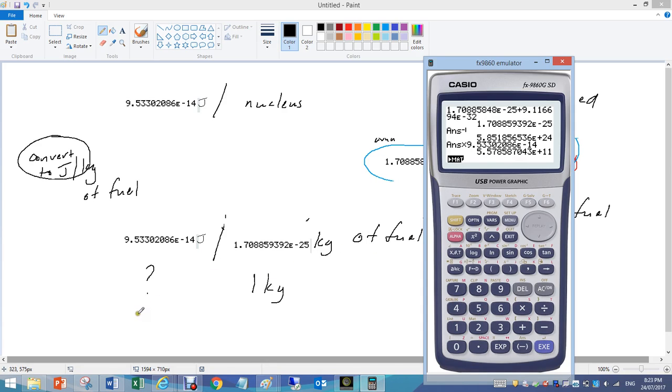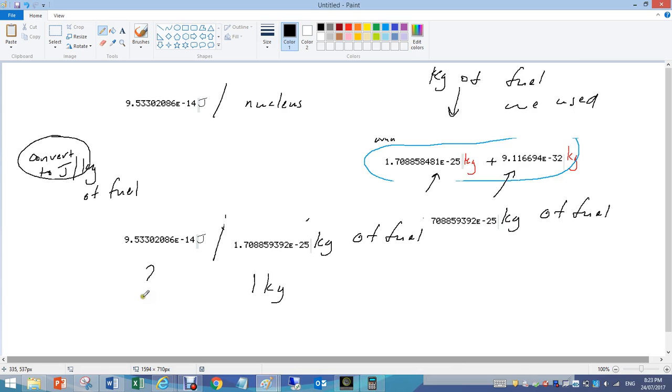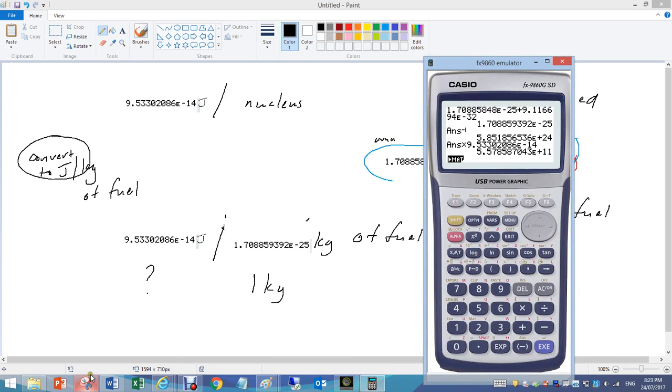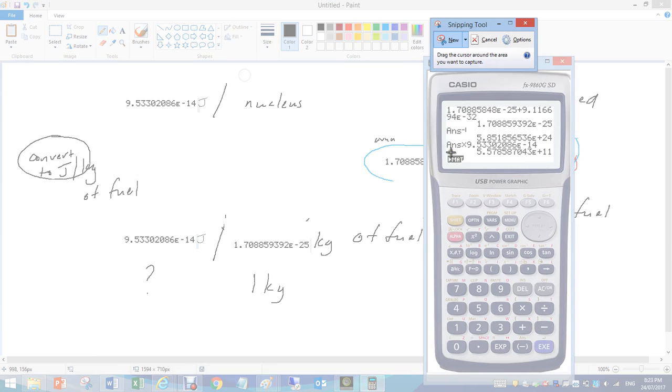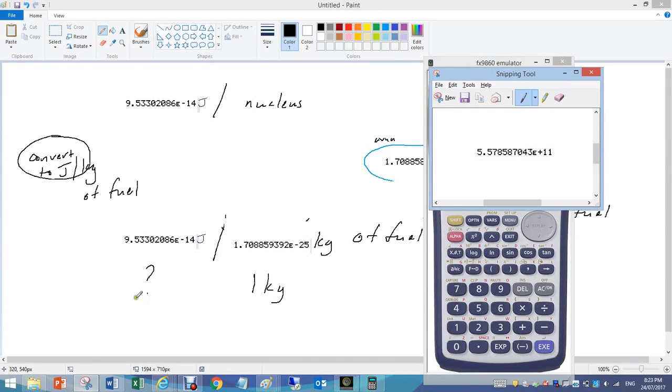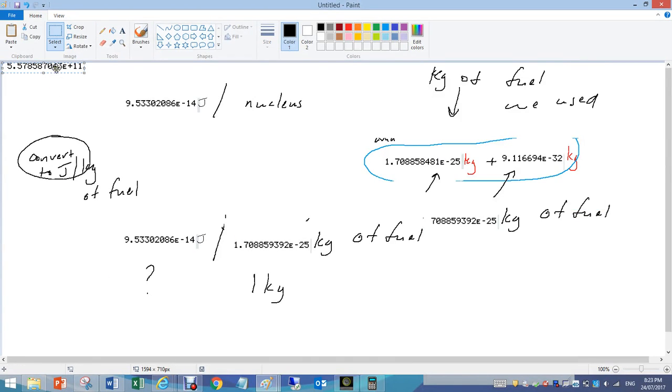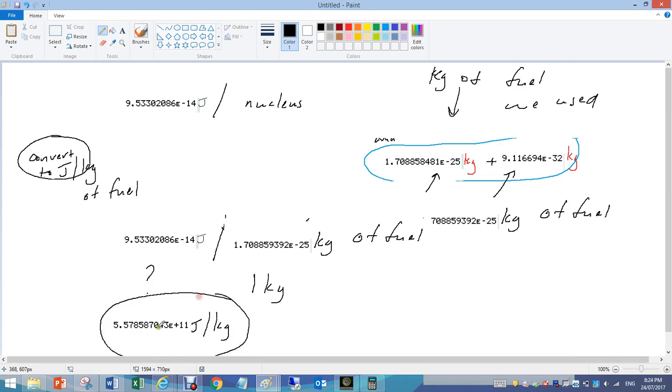There we go. So that's 5. Again, I'll just copy it, be easier. And there's our energy density. .58 by 10 to the 11 joules per kilogram.